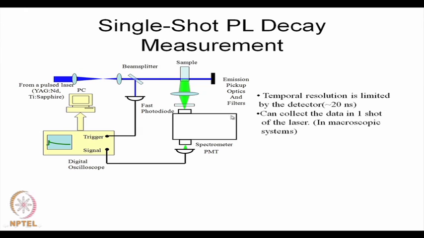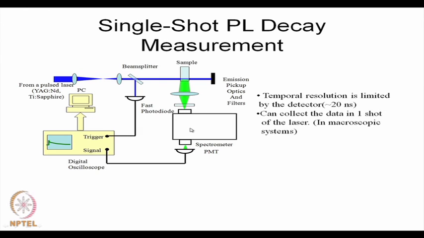The usefulness of the spectrometer is that you can resolve the emission into a number of frequencies, because it may not be a single frequency. In most cases, fluorescent materials have a broad emission band, so you can collect emission as a function of different wavelengths.